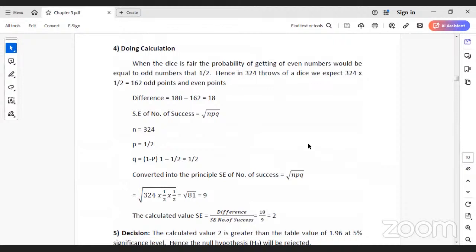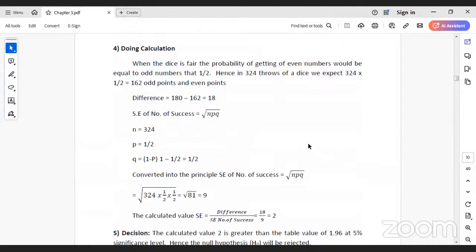So out of 324 throws of dice, we expect 324 into 1 by 2 is equal to 162 odd points and even points. The difference: 180 is the odd points, already given in the question. 180 minus 162 is equal to 18, that is the difference.